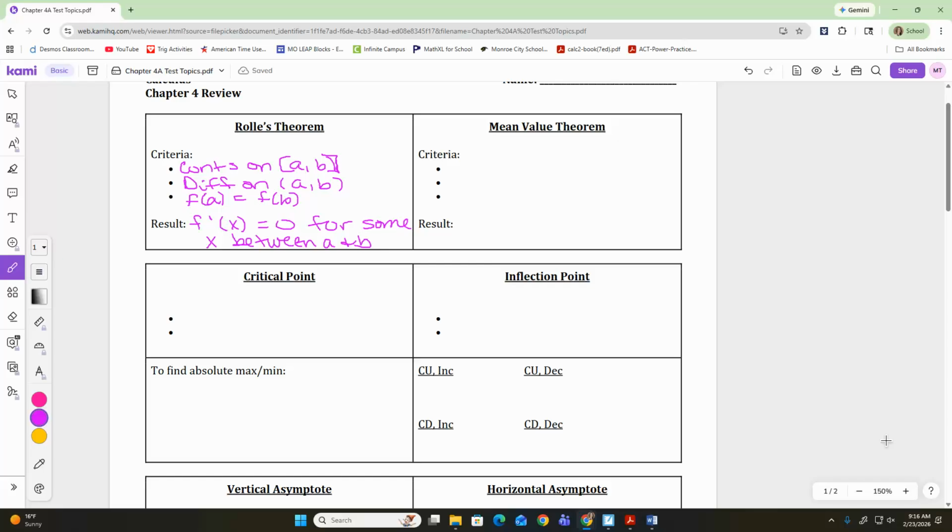Mean Value Theorem is more generic, so it has fewer criteria. It's only the first two criteria. It's continuous on the closed interval, differentiable on the open interval, and there is no third criteria. Then what does it tell us?